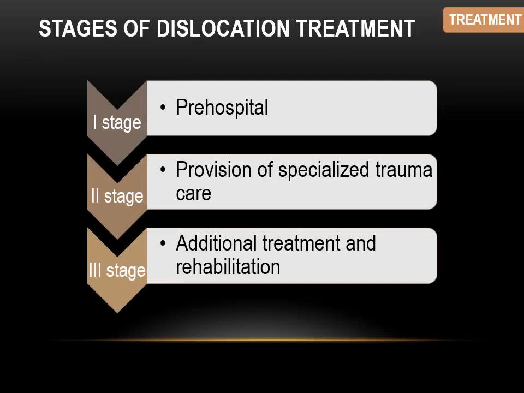The stages of treatment of dislocations are the same as in the treatment of fractures. There is a pre-hospital stage, which in most cases is associated with certain difficulties. This is due to the fact that dislocation of a large joint is an extremely painful situation. A person does not find a place for himself, the pain is constant, and with any attempt to move the pain intensifies.